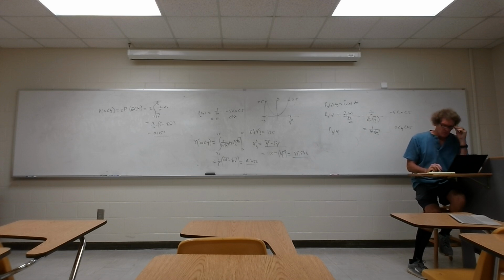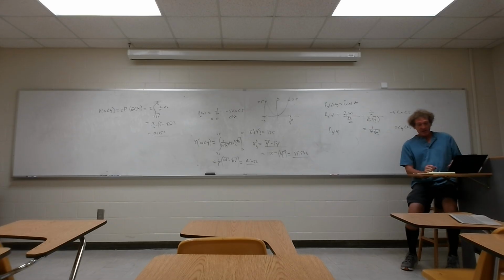And for central moments, remember these are the central moments. So it's going to be x minus x bar to the nth power. All the odd central moments are 0. And the even central moments, remember that formula? I'll put it up here again.